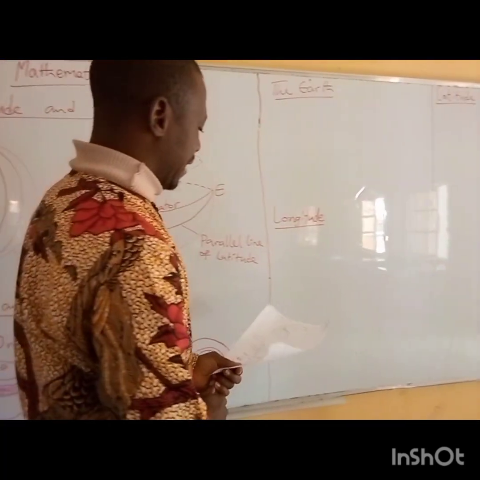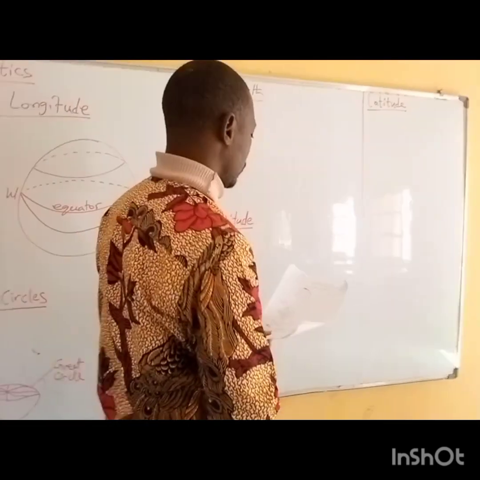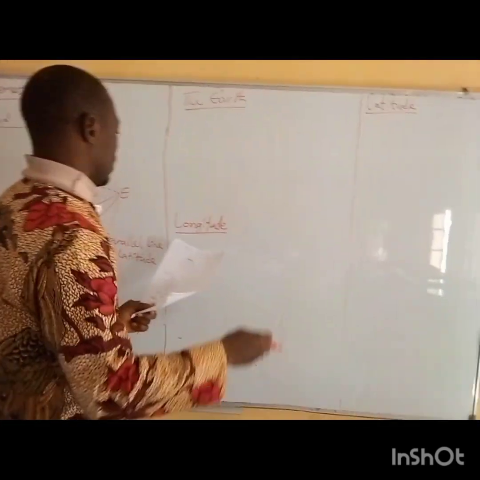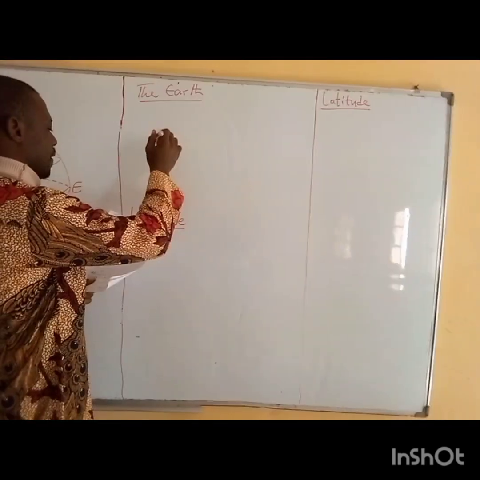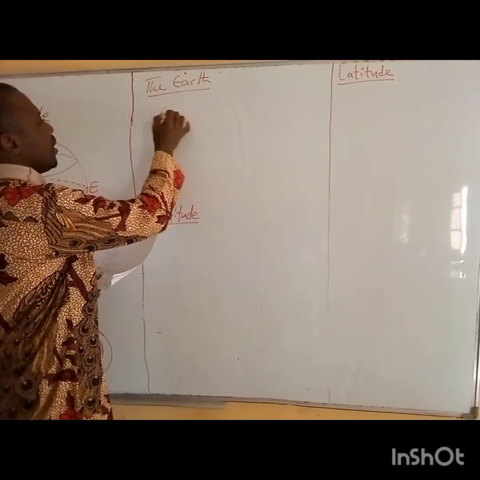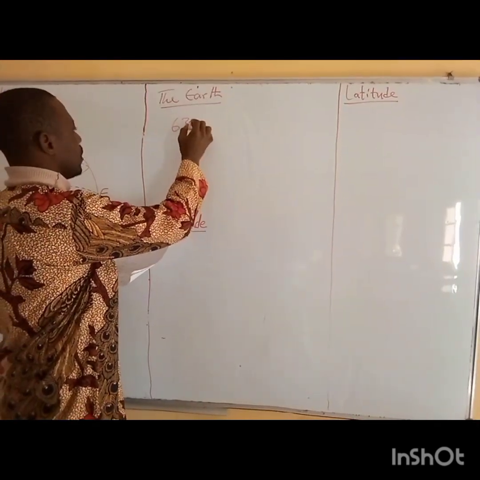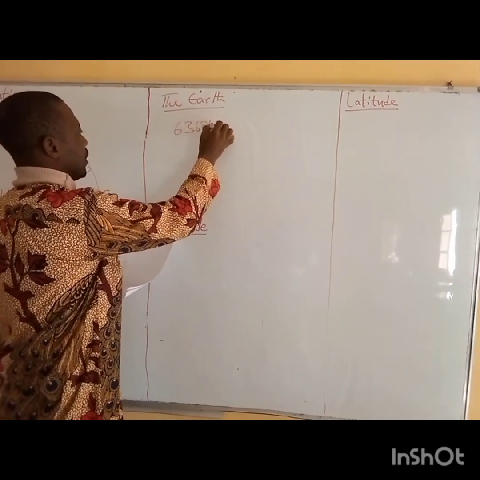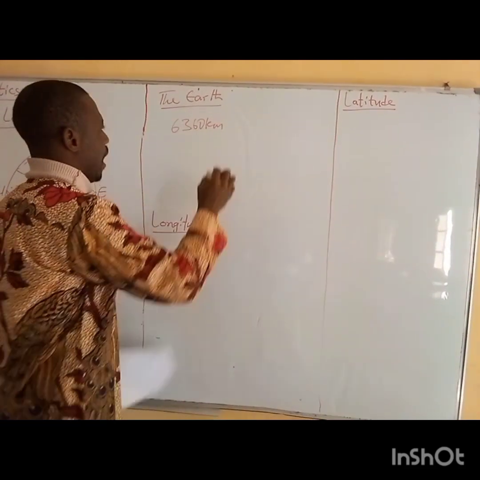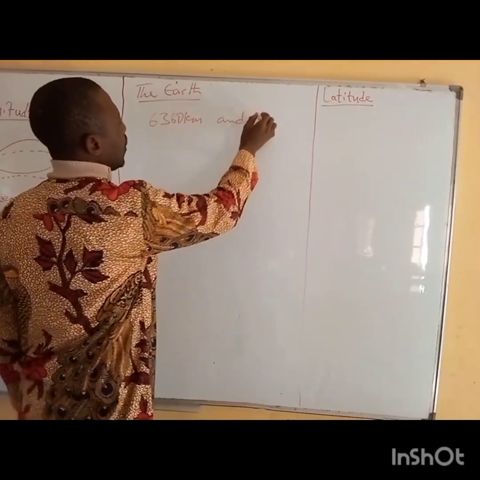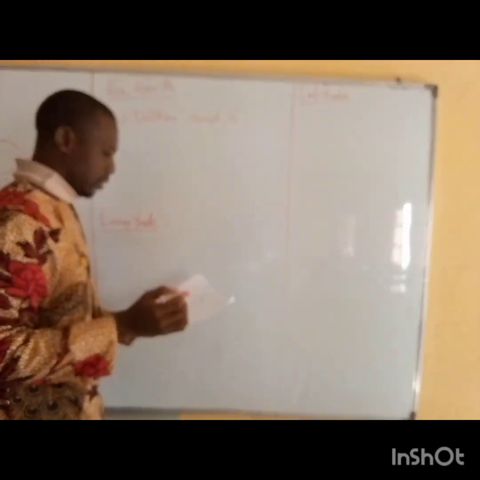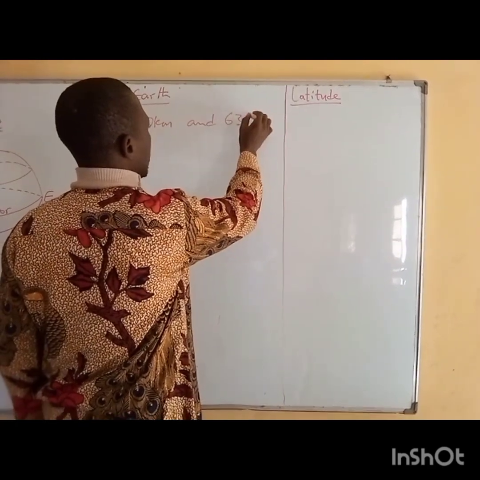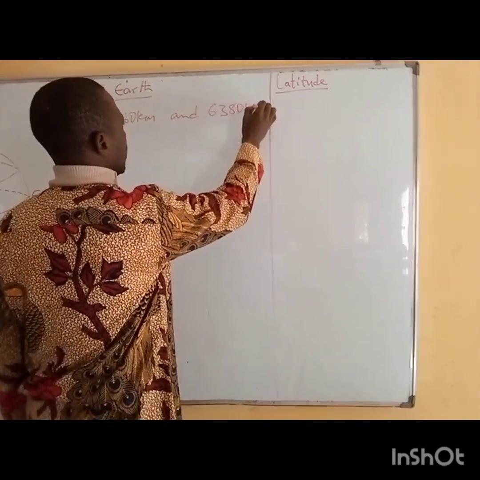Meanwhile, we can look at the earth. The earth is approximately between 6,360 kilometers and 6,380 kilometers.